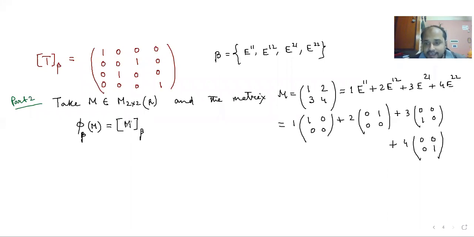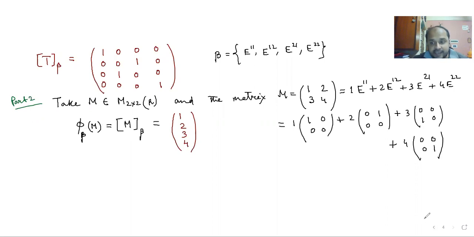Now when we apply this function phi on M with respect to beta, that becomes actually the matrix representation, and it is similar to the matrix 1 2 3 4 taken column wise. So we have calculated phi beta of M.